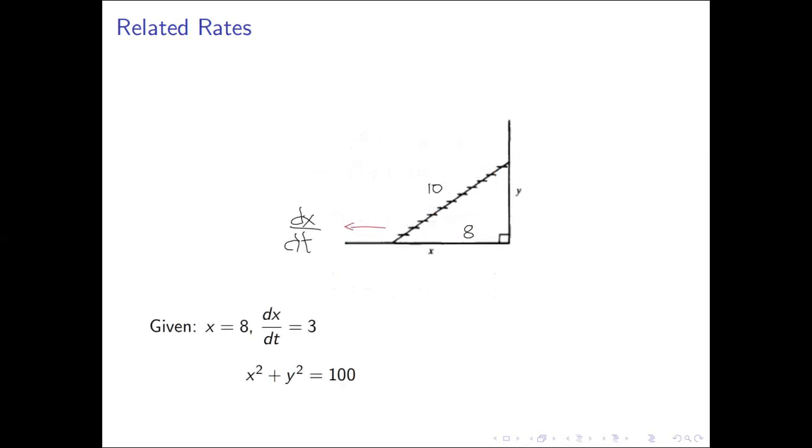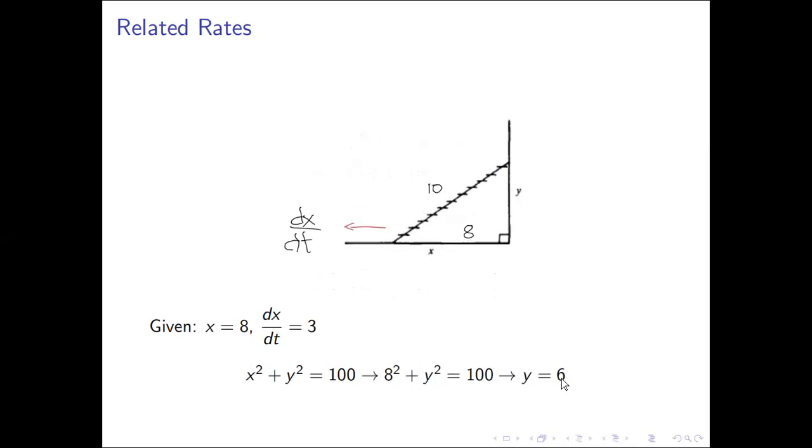So to get y, here you need the Pythagorean relation again. We found this a while ago. So if we know x, we can get y. x is 8. So plug in, solve for y. You get y equals 6.